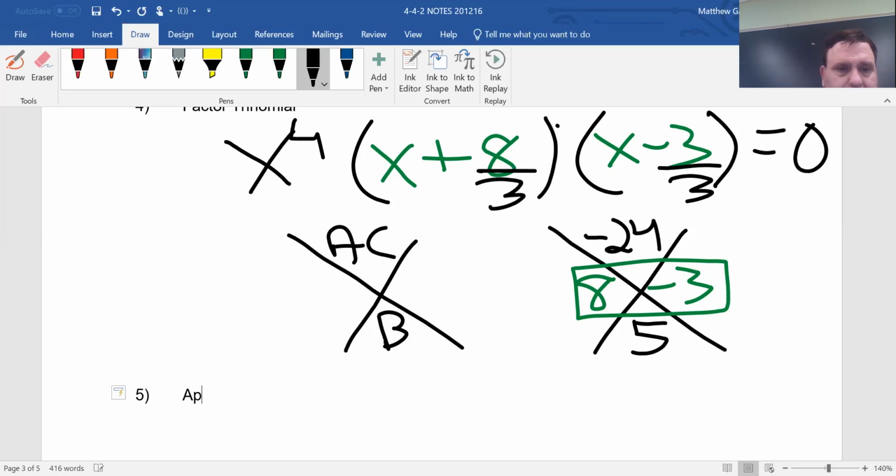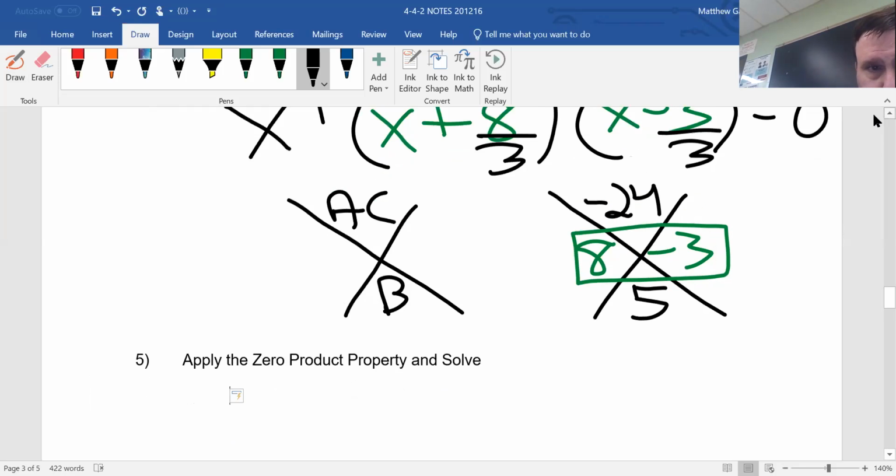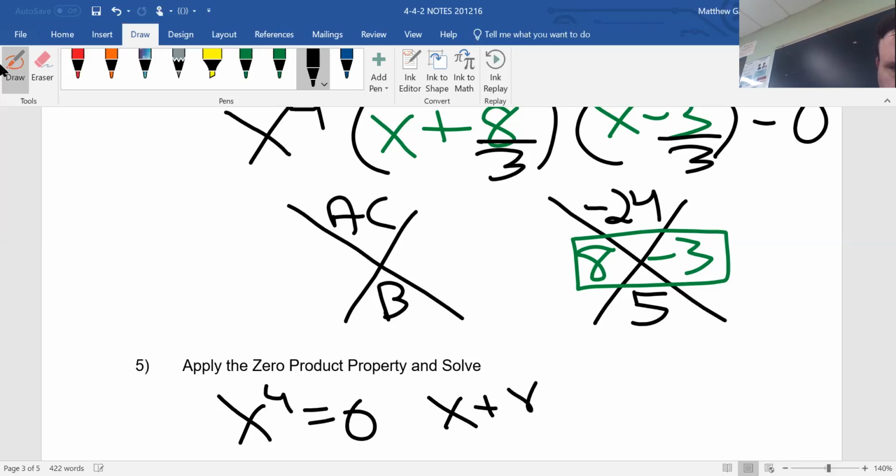When you're asked to solve, I called this yesterday, apply the zero product property. Going up here, we've got x to the 4th power equals 0, x plus 8/3 equals 0, and x minus 3 over 3, that's going to become 1.